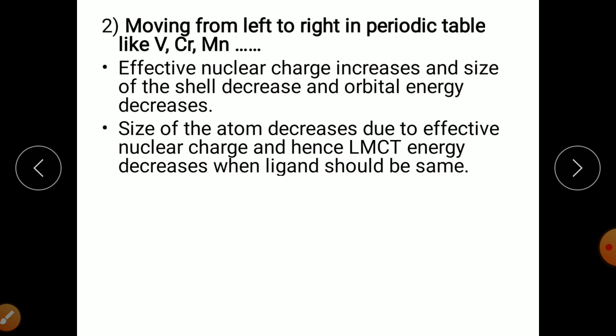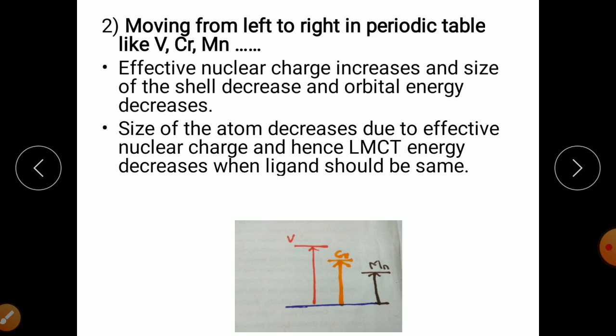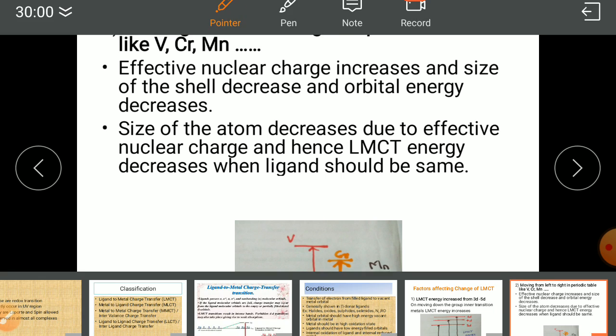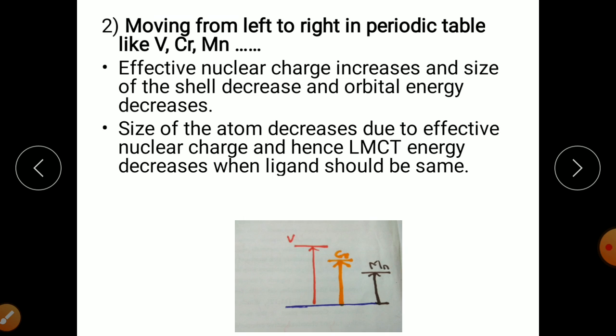Consider hexaaqua vanadium complexes, hexaaqua chromium complexes, or hexaaqua manganese complexes. In these cases aqua is the same ligand. The electron moves from the lower ligand orbital to the higher metal orbital, and the energy gap decreases from left to right.